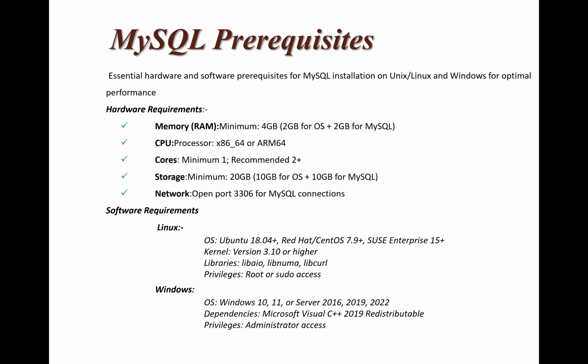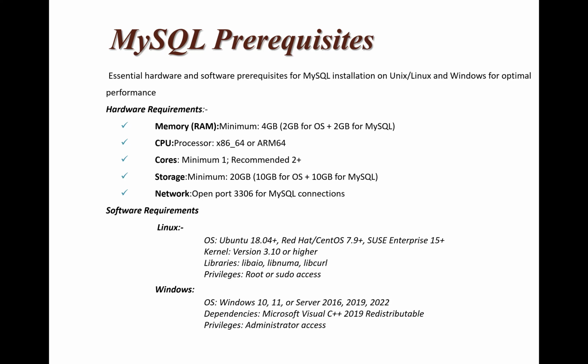If you are going to install version 8 and above, the minimum operating system requirements are Ubuntu 18.04, Red Hat and CentOS 7.9 plus, SUSE 15 plus, kernel version 3.10 or higher, and libraries such as libaio, libnuma. These are the libraries for Unix. For privileges, root or sudo access should be available for the user to install the software package.